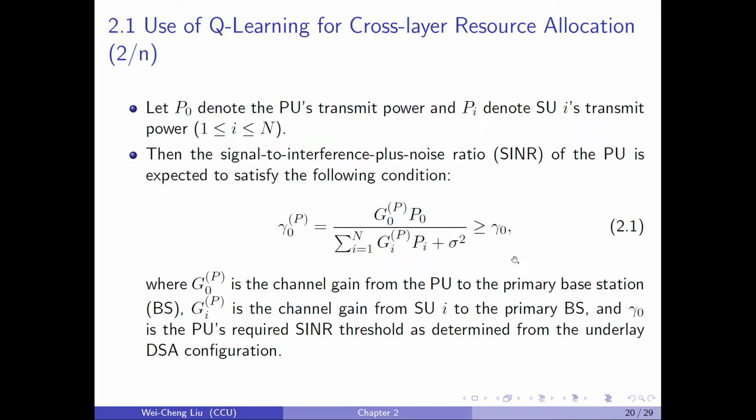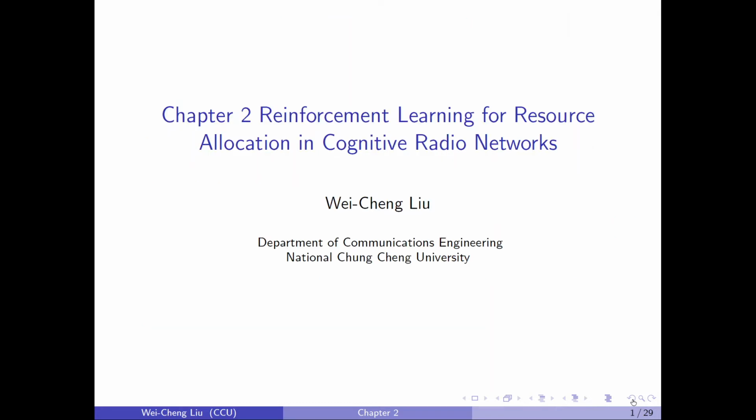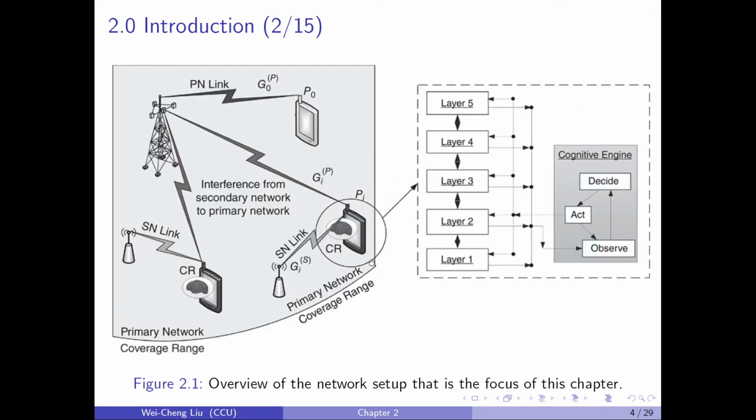Let us see figure 2.1. Oh, okay. So GIP is equal to the channel gain from the secondary user I to the primary base station.